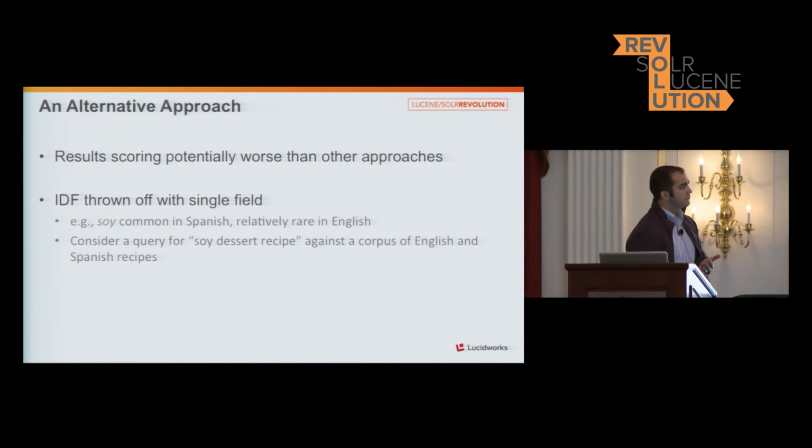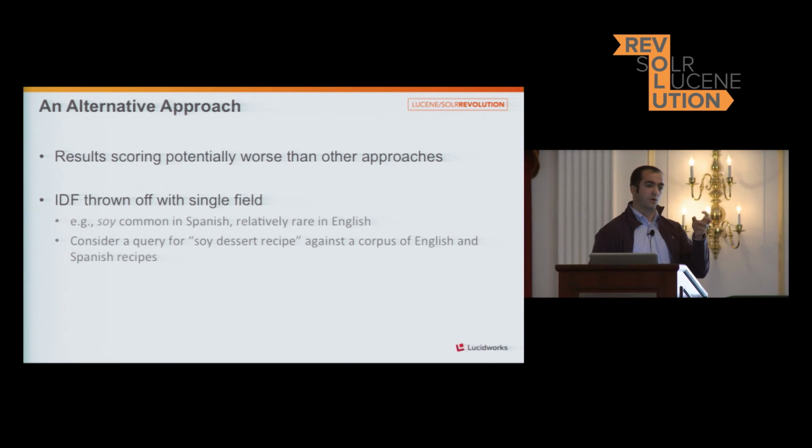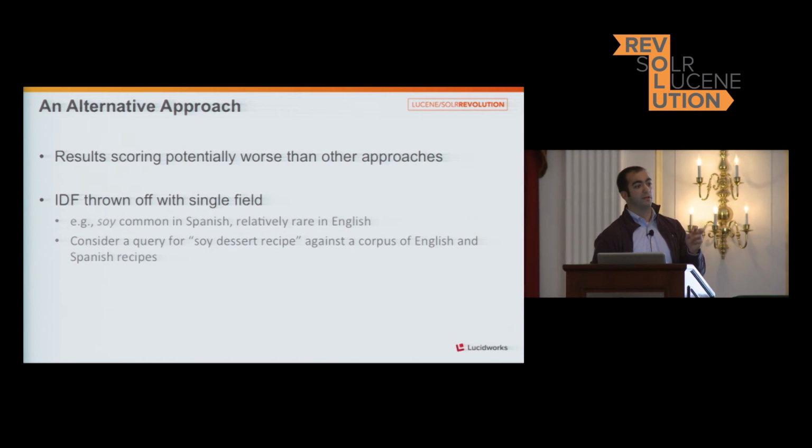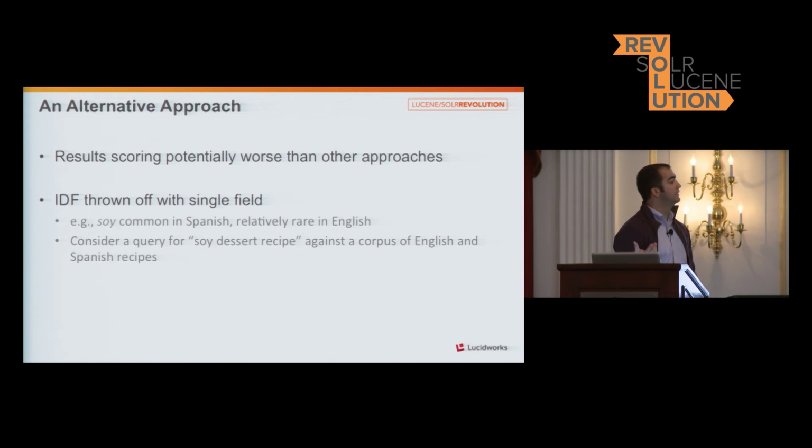The one thing to keep in mind is that results scoring can be a little bit thrown off. You always talk about precision and recall, but we haven't talked about scoring yet. The reason is that your IDF, which is how frequent the term you're searching for is, can be thrown off.